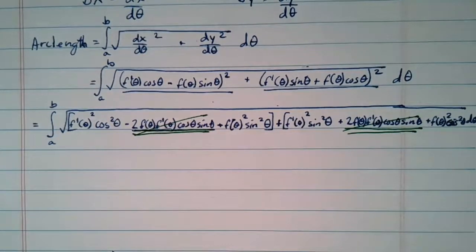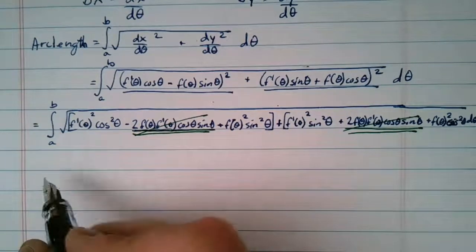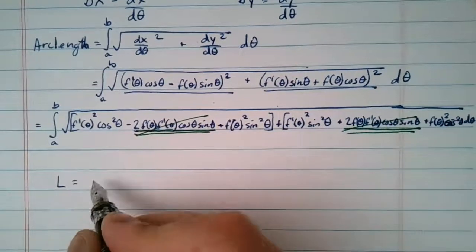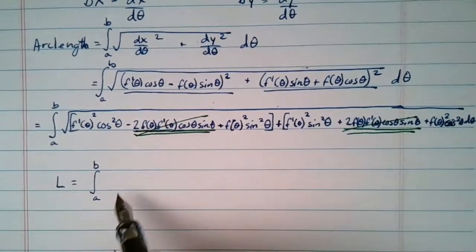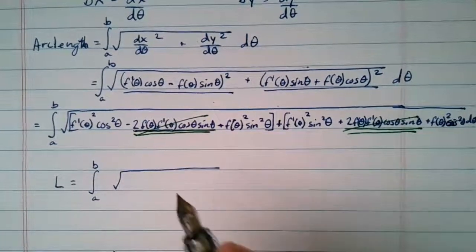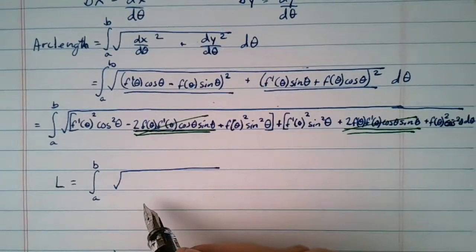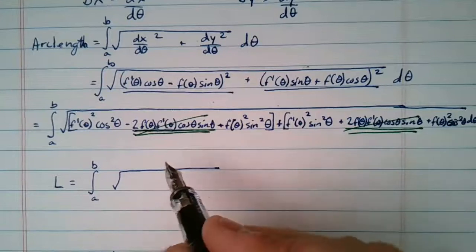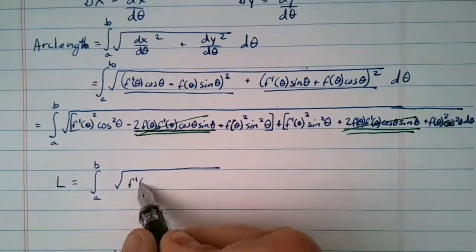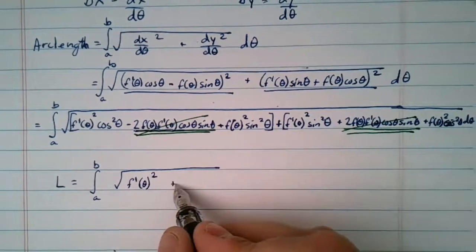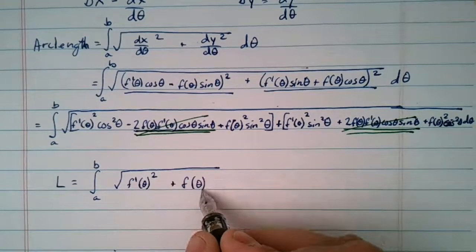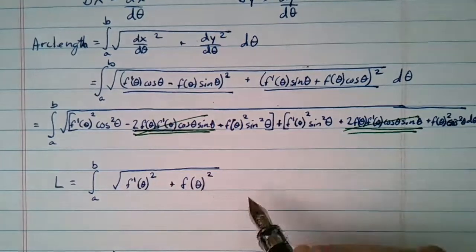So I'm going to combine all my like terms, and when I do, I end up with arc length equal to the integral from a to b of the square root of f prime of theta squared plus f of theta squared d theta.